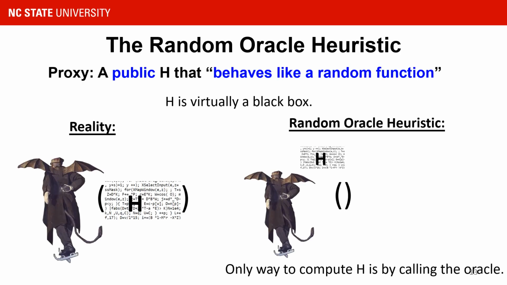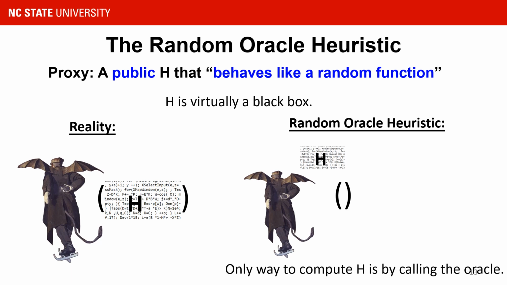I want to talk a little bit more about the random oracle heuristic. The idea is that there's a public hash function that behaves like a random function, as I just mentioned, and we think of it as being a black box.